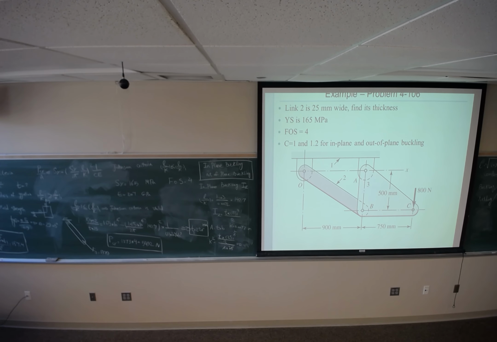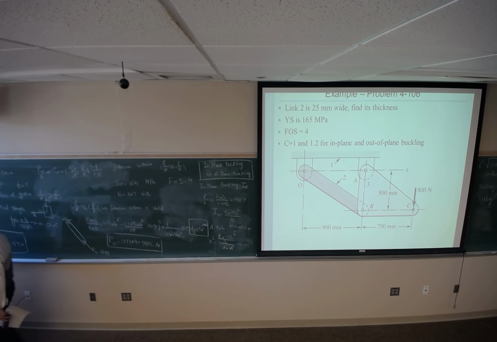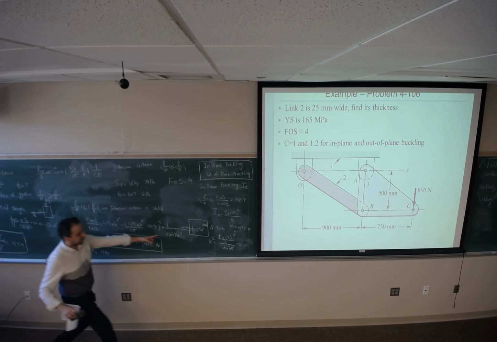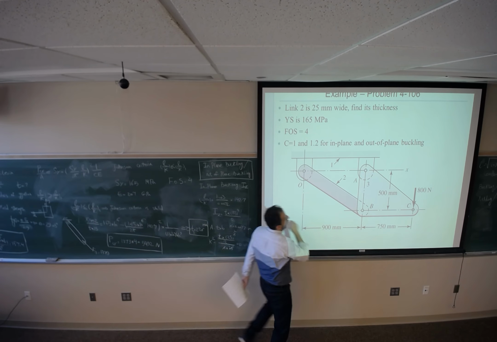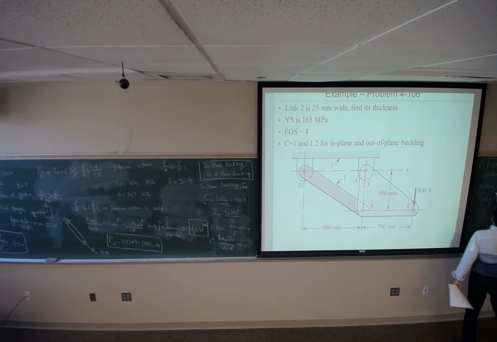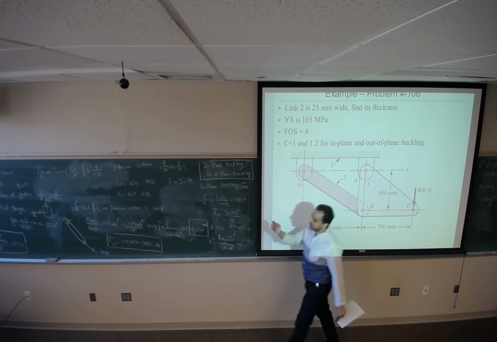So for in-plane buckling, if you don't want to have in-plane buckling, the thickness should be greater than 2.26 millimeter. With this thickness, it can support the force to avoid in-plane buckling. So I'm done with just in-plane buckling. I still need to look at the out-of-plane buckling and the yielding, so I will get 2 more thicknesses.